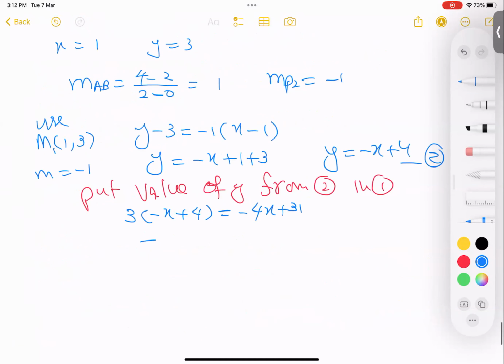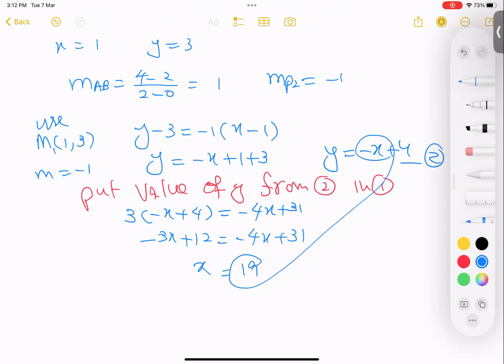Let's simplify: 12 minus 3x equals negative 4x plus 31. This minus 4x comes to this side to become positive 4x, and from 31 you subtract 12, and I get x equals 19. Alhamdulillah, I got the center.